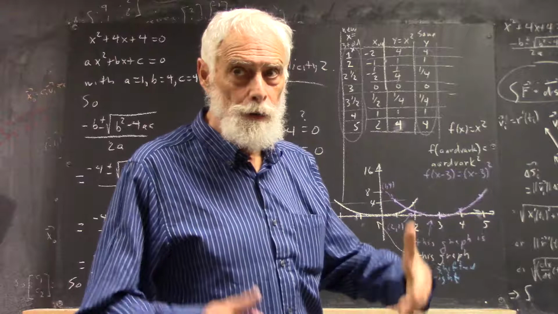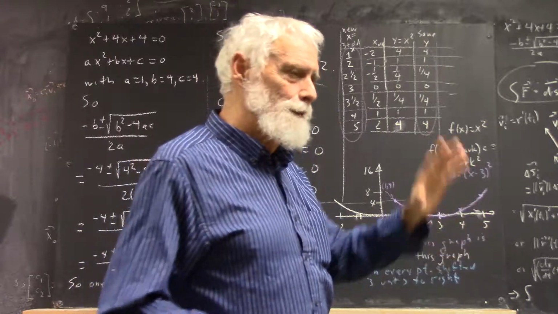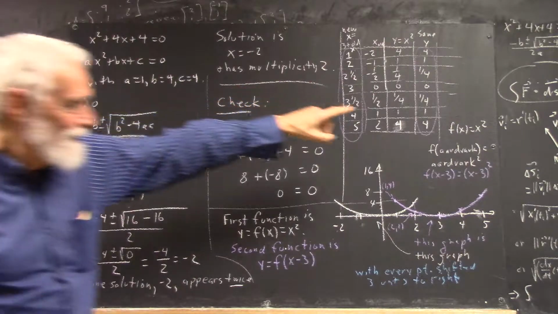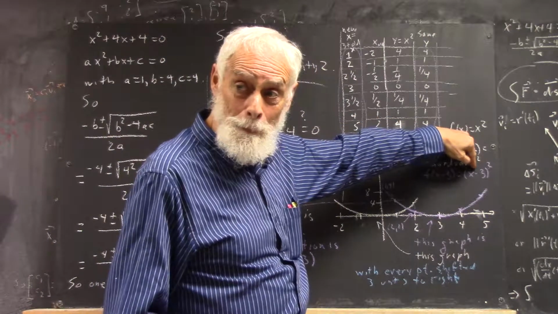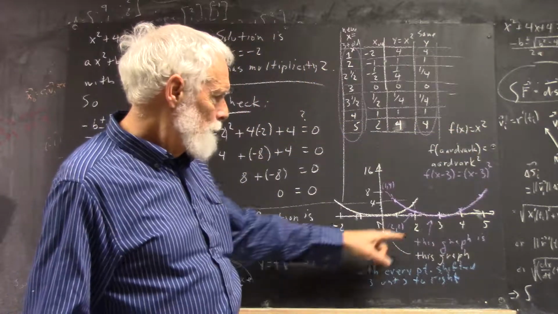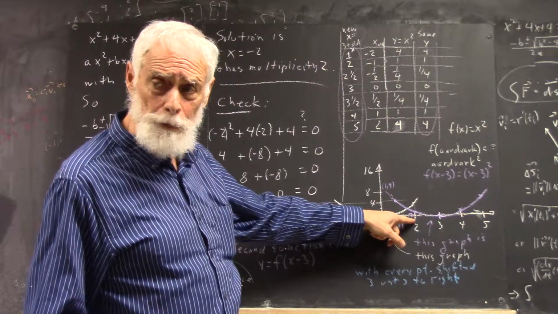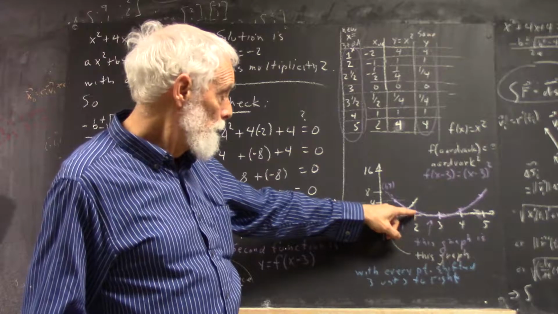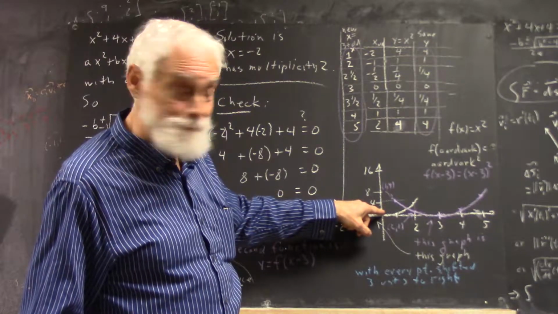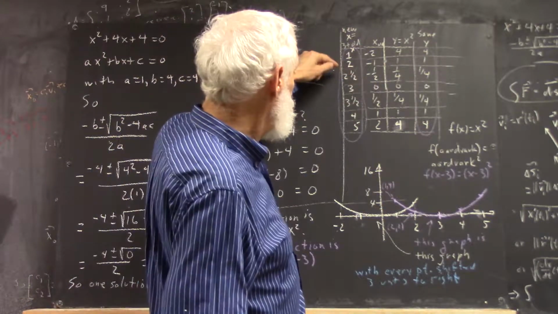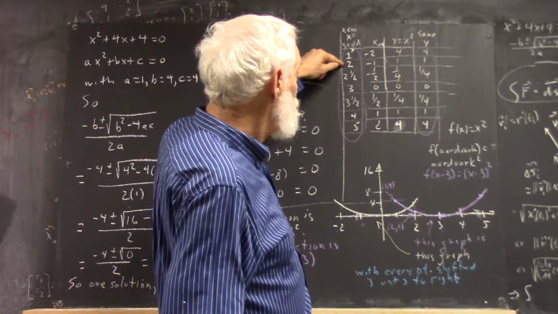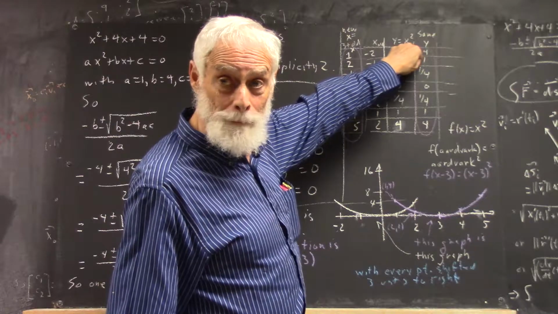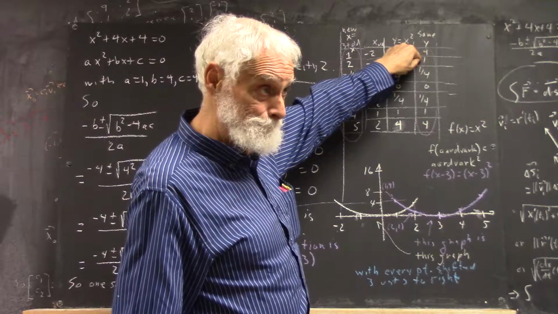You get 1. Okay, now on this graph, when x equals 2, what's the value of y? Well, right there it is, it's 1. And of course, your table tells you when x is 2, the y value for the purple function is 1, right? So it agrees.